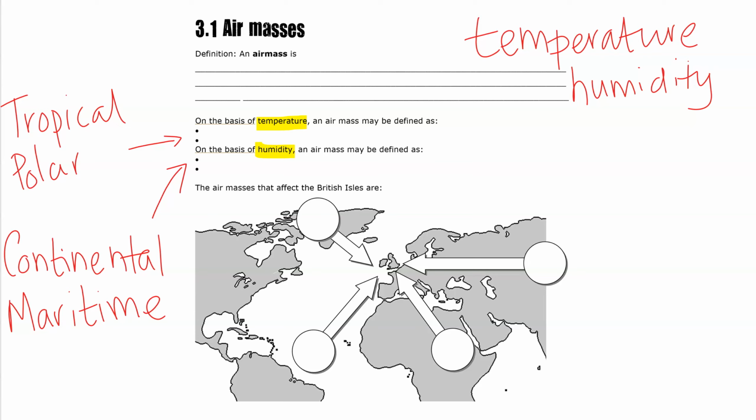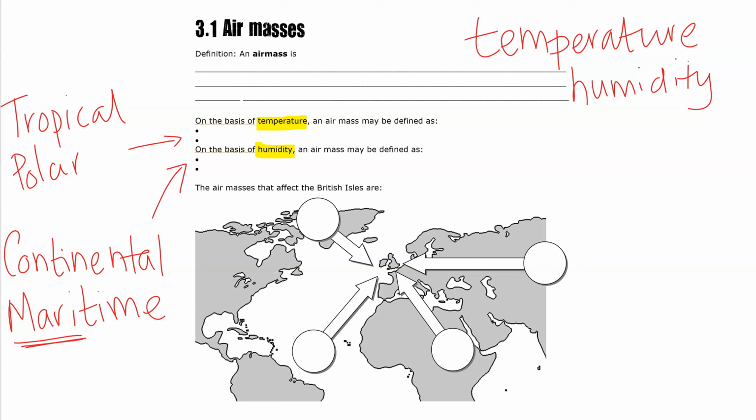That's coming from the sea or the ocean and is a moist air mass. Now, you may have visited a maritime museum, and if you did, you will have seen ships and naval paraphernalia there, because it comes from the Latin word for sea. Maris is the Latin word for sea. So maritime then is something coming over the sea.